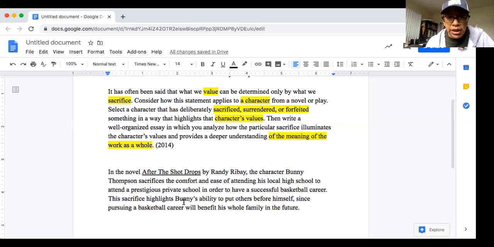So, and like how that's the ability, I don't like his ability to put.